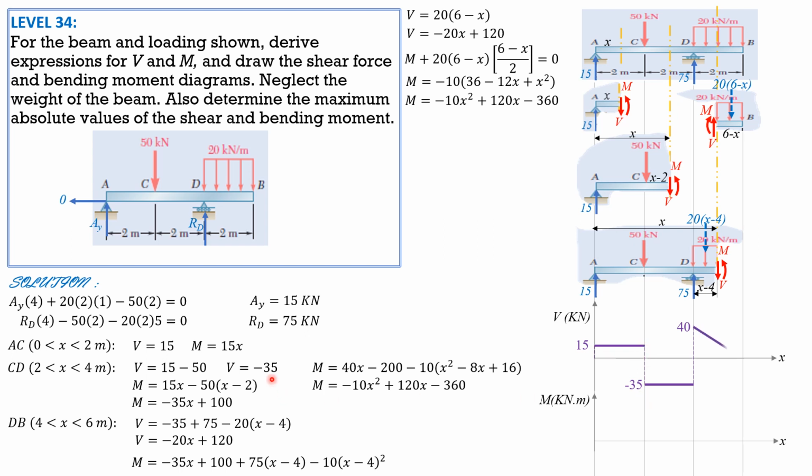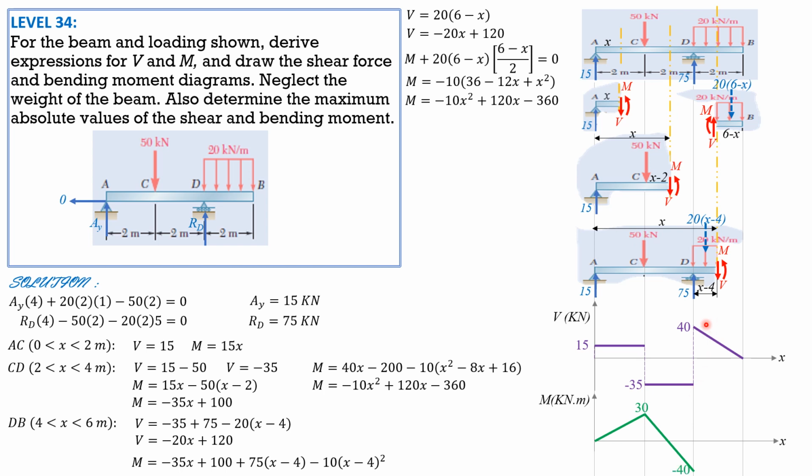Then when x is 4, it's still negative 35 because it is 2 to 4. So horizontal, negative 35. Then for DB, D to B, this is the shear equation. First, when x is 4 at D, negative 20 times 4, negative 80 plus 120, it's 40. So positive 40 directly there.